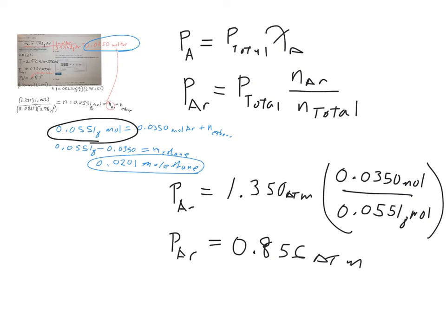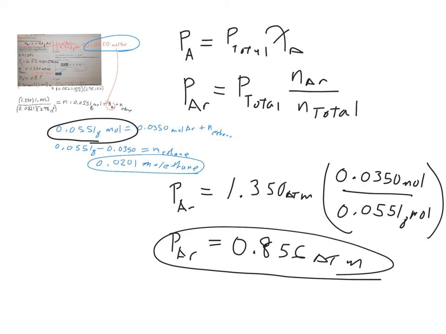And then there are two ways to get that partial pressure of ethane. I can do the whole mole fraction thing again, or Dalton's law says that our pressure total equals the pressure of argon plus the pressure of our ethane.